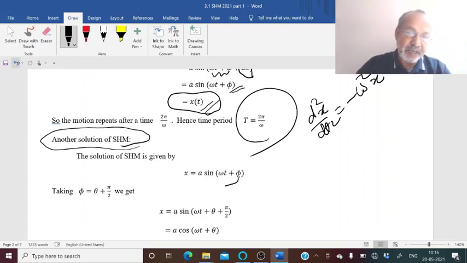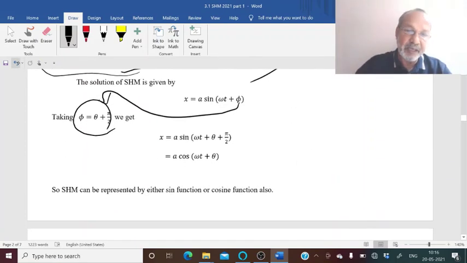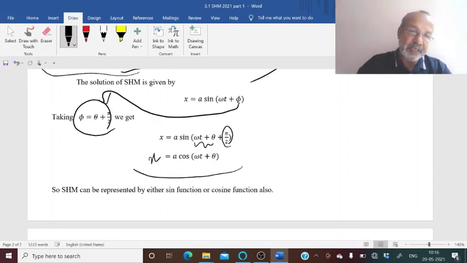If you put phi is equal to some theta plus pi by 2, then the expression becomes a sin(omega t plus theta plus pi by 2), and sine of any angle plus pi by 2 is cos of that angle. So the same expression can be written as x equal to a cos(omega t plus theta).